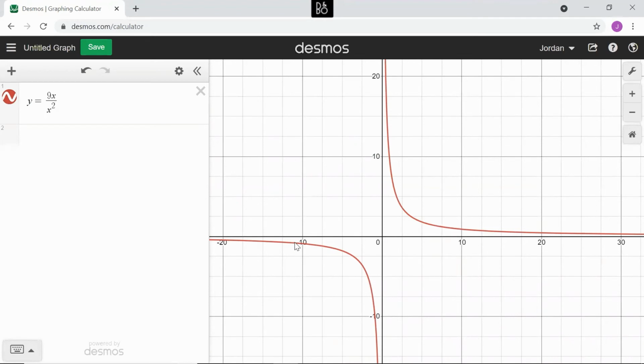And on the left-hand side, as we go from left to right, notice this is shooting down into the ground, right? Since these pieces aren't going towards the same point, we say the limit does not exist when x is equal to 0.